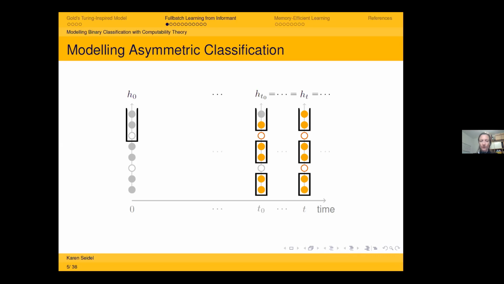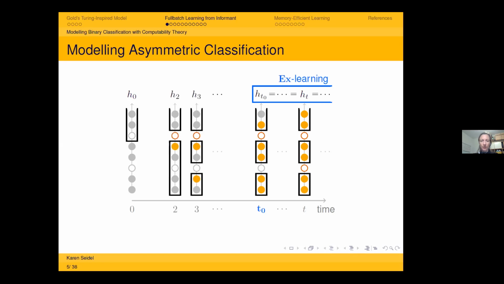So the learning algorithm has some initial hypothesis, and there has to be some time t0 such that from t0 on, the algorithm is correct, the classifier output is correct. Now there might be other hypotheses in between, and we investigate whether the learning process, or the sequence of classifiers output, has certain properties.